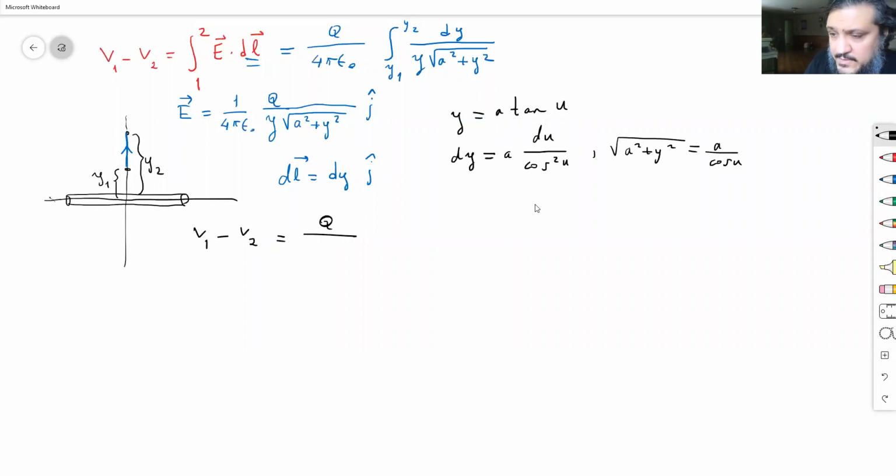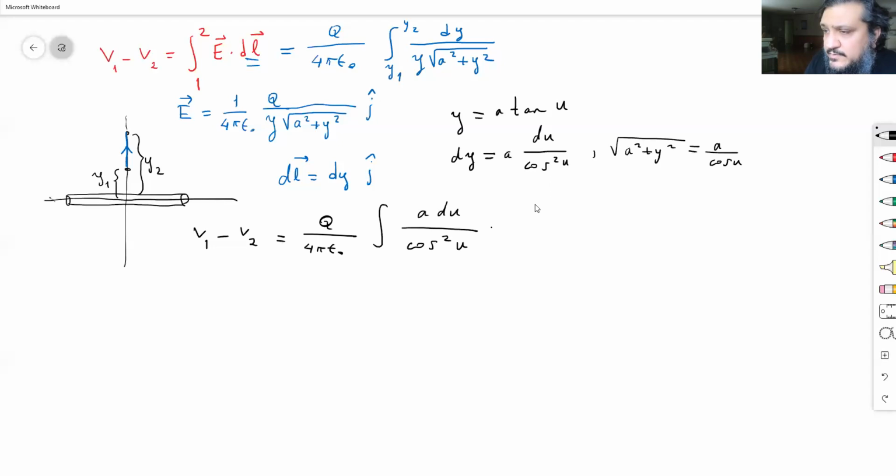Q divided by 4 pi epsilon 0. I'm not going to write the limit now, I'm going to do that later. So dy will be a du over cosine squared u.